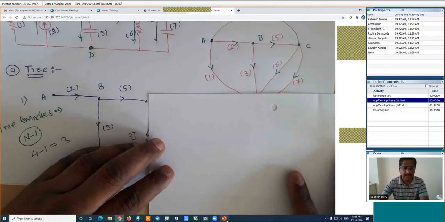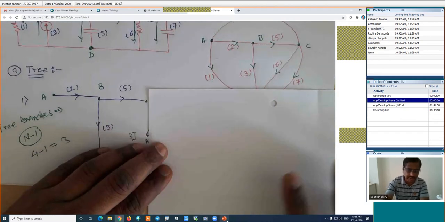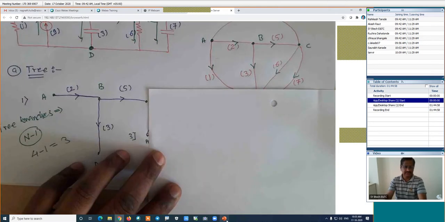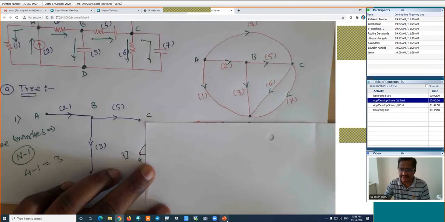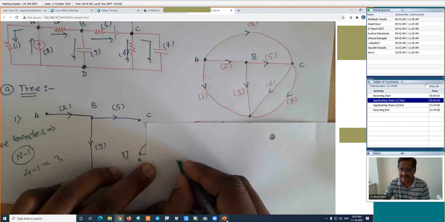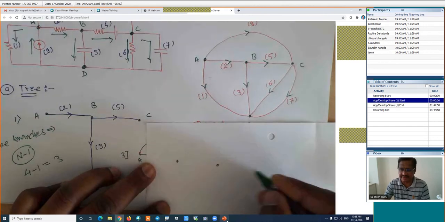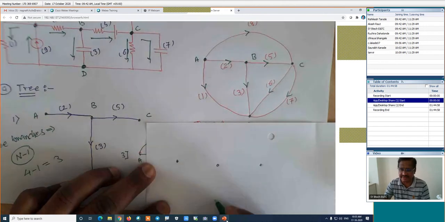Now look at how the cotree will be for this tree. How many nodes do we have here? For the selected figure, we have 4 nodes. This is node A, this is node B, this is node C, and this is node D.